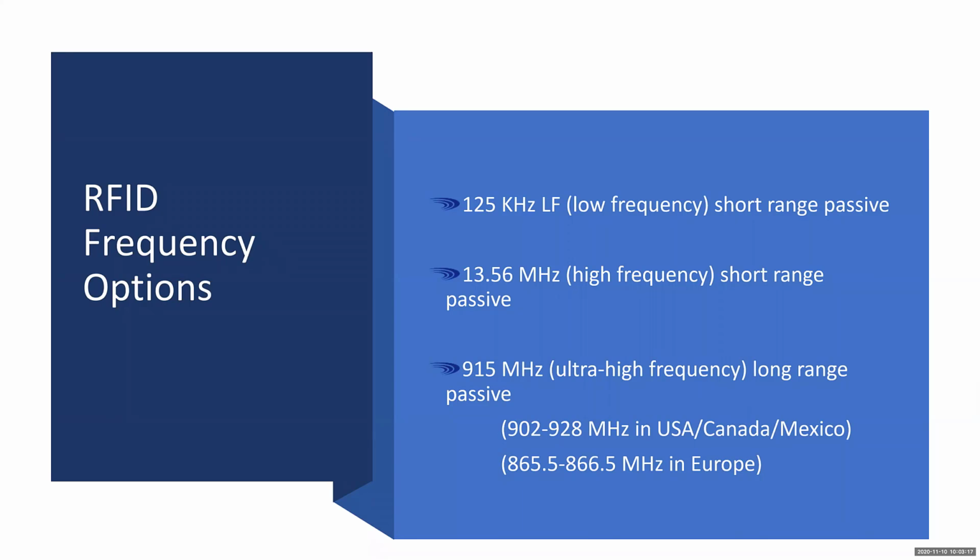Typically, you look at short read distances for all of these applications, though recently we found that using ultra high frequency, the 865 to 928 bandwidth, we're able to get extended distances. And we'll talk about each one of those and how they apply to each one of these applications that we just discussed earlier.